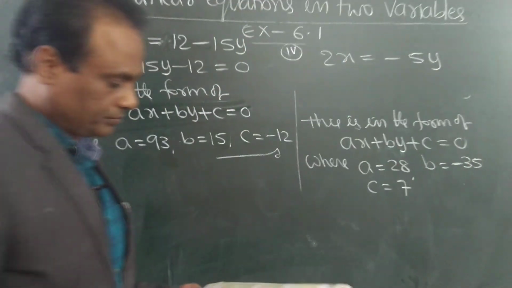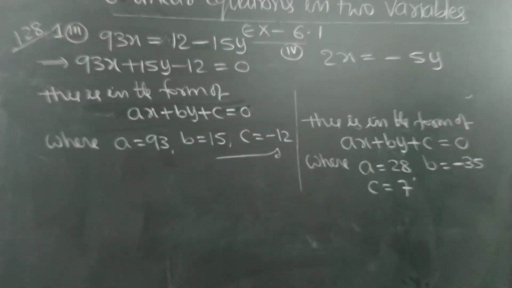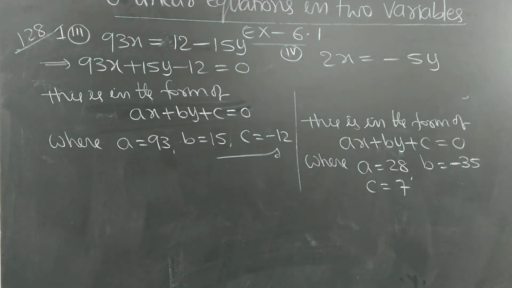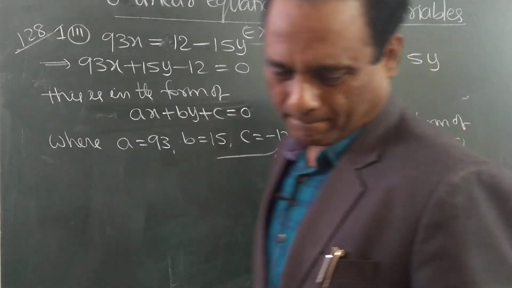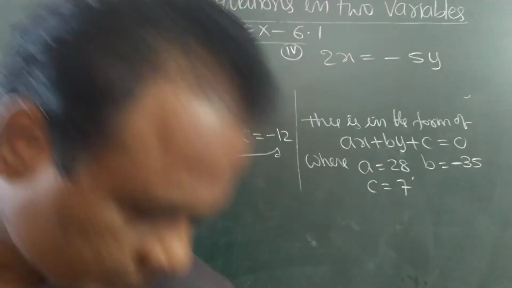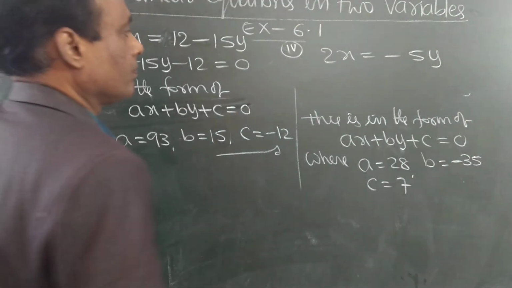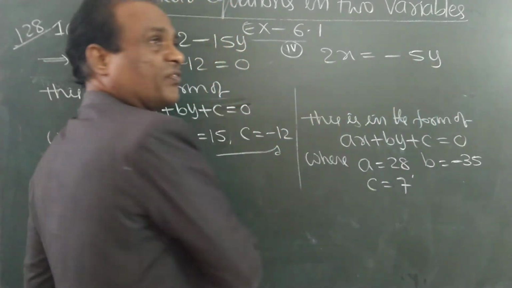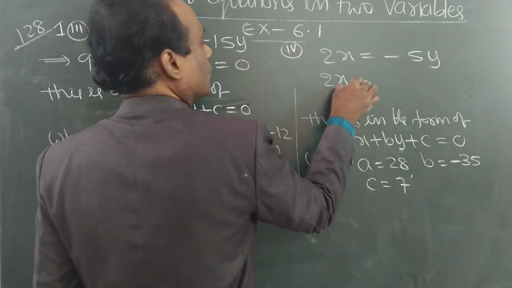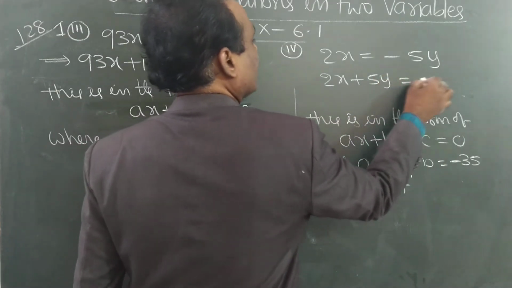Fourth bit. Minus 5y this side plus 5y, right side 0.